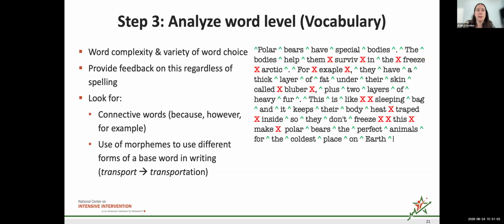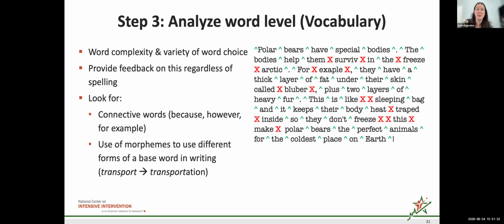Some things that I really like to look for are the use of connective words. So because, however, for example, those can really help make a student's writing more sophisticated. They also can help indicate some components of the genre that we'll talk about, which are pretty teachable things to ask students to add into their writing. You can also look for how students are using different morphemes to change forms of a word.